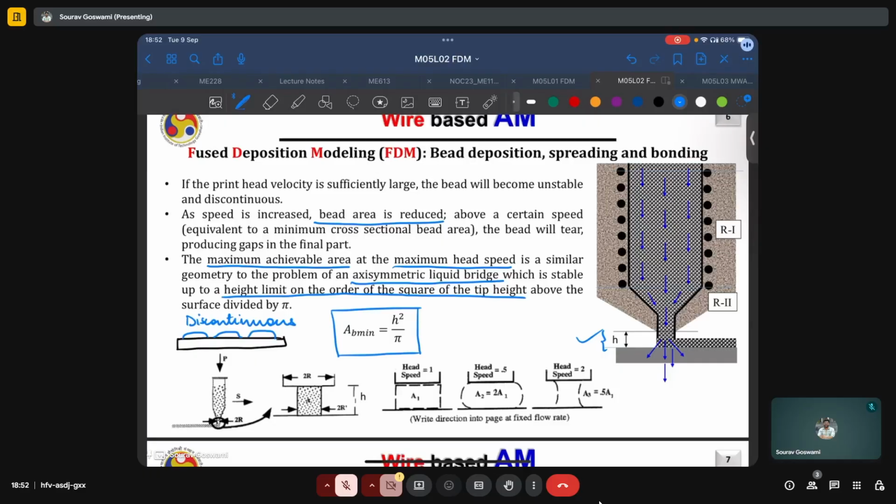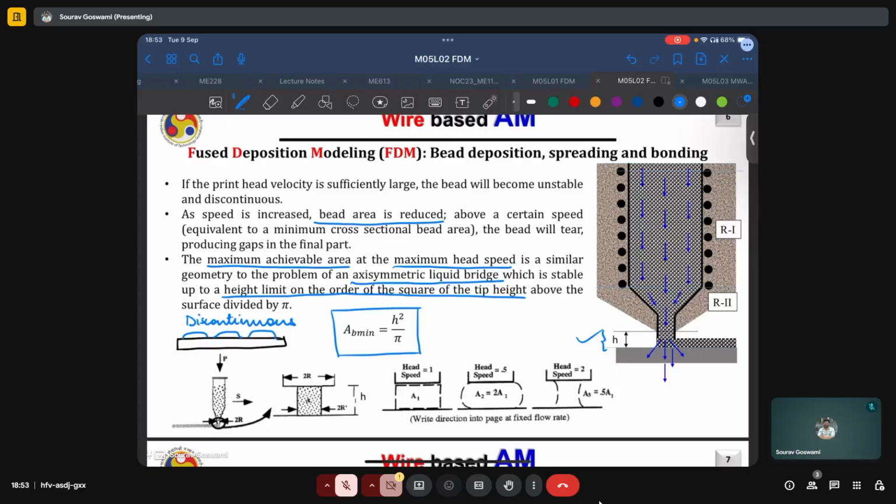If the head speed is 0.5, or if the speed is only half the critical speed, we are feeding the material too slowly, and thus it will tend to bulge out, and then the cross section of the bead will have an area which is twice the area at the deposition orifice.